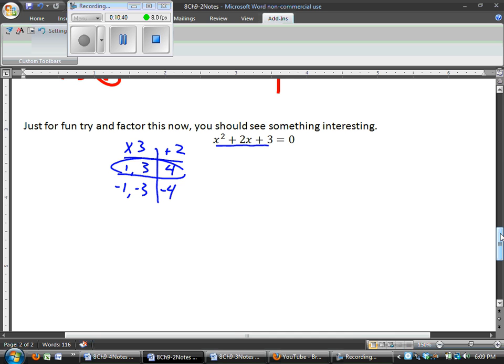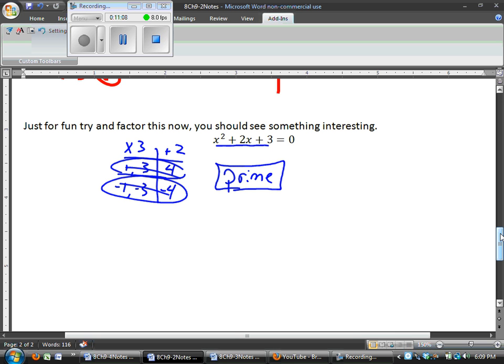So what happened when I couldn't find anything that did that? We said it was prime. When I had a prime quadratic equation, that really means there's no solutions. There's nothing I can plug into x to make the equation true. So anytime you have a prime quadratic, you also have no solutions.